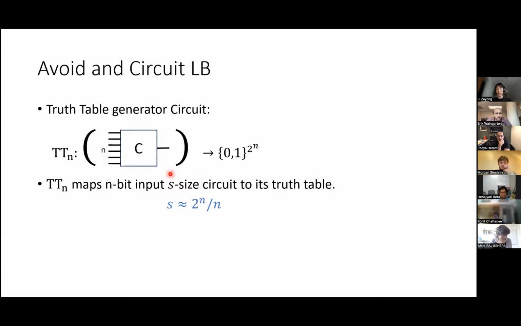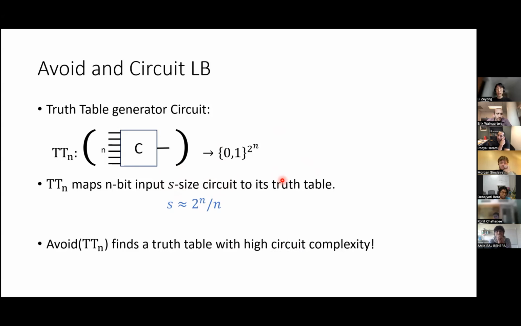The size of the input that it can take is roughly 2 to the n over n, because you want to make sure that this TT circuit is expanding so that it's a valid range avoidance instance. And from here, immediately, if we run range avoidance on this truth table generator circuit, we obtain a truth table. Moreover, by definition, this truth table has to have very high circuit complexity, because every truth table which has small circuit complexity will fall in the range of TT.